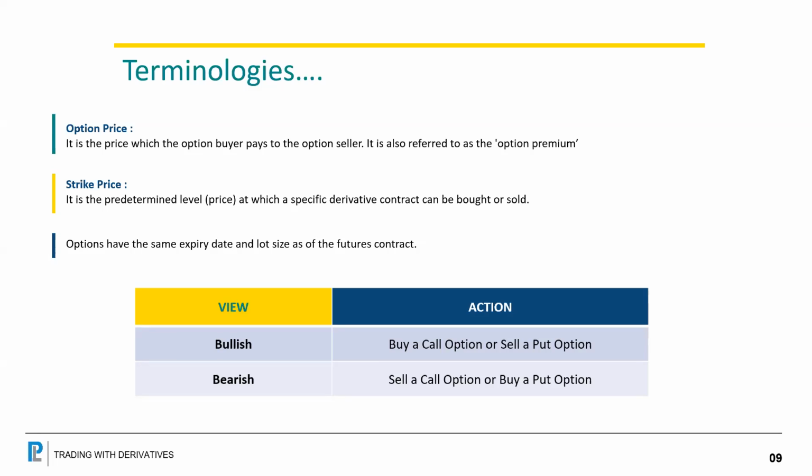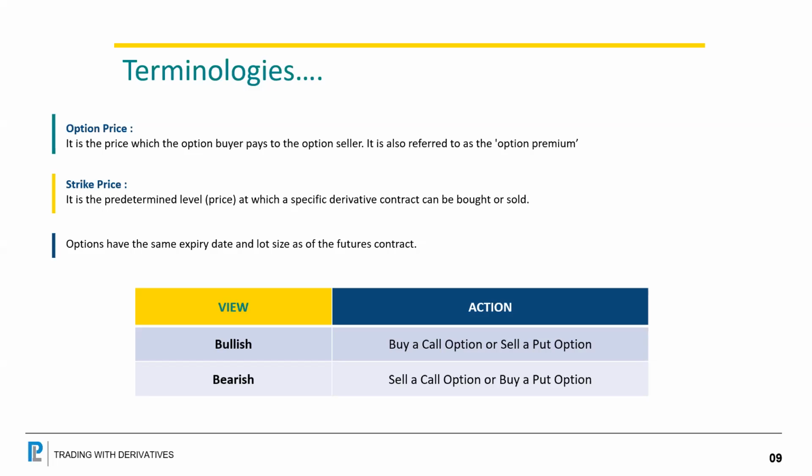Suppose I am a buyer and I am X, and Mr. Y is a seller. If I have to buy the Reliance 2100 call and Mr. Y has that, I will pay my premium to him, and I will get the stock in my possession. So he's the option seller, I'm the option buyer, and the money that I pay is the option premium.